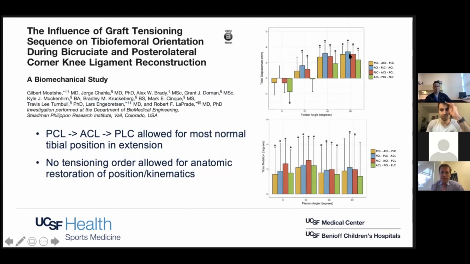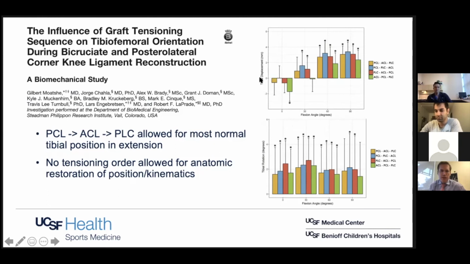The yellow is PCL, then ACL, then posterolateral corner, and then blue, PCL, posterolateral corner, then ACL, and so on. So all the various combinations, and no order allowed for complete anatomic restoration of knee position and kinematics.